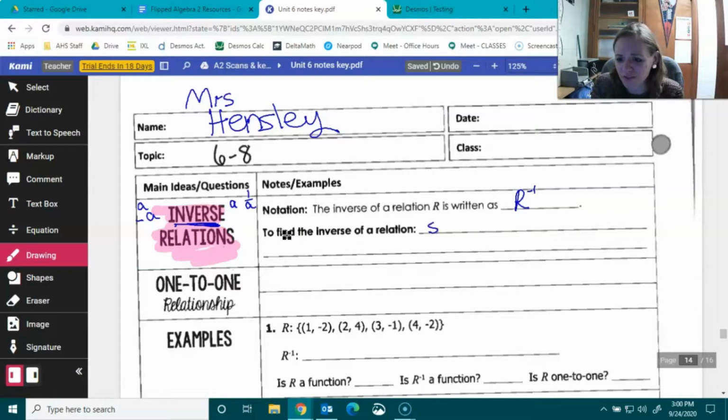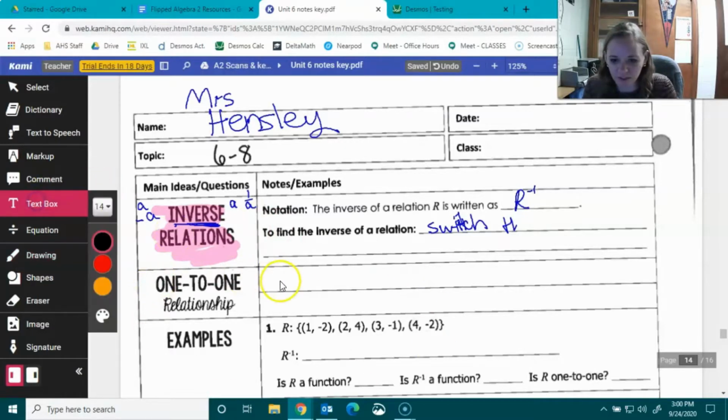All you have to do is switch. Okay, I'm having some kind of issue here. Let's just type this in a text box.